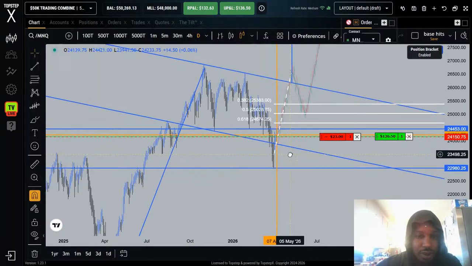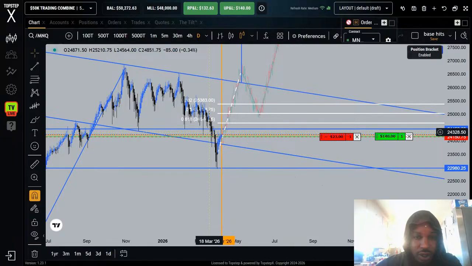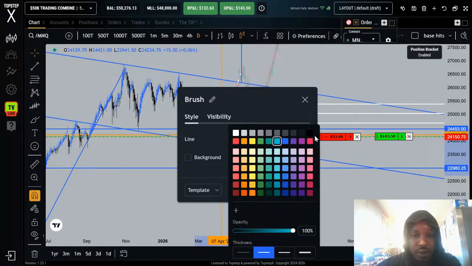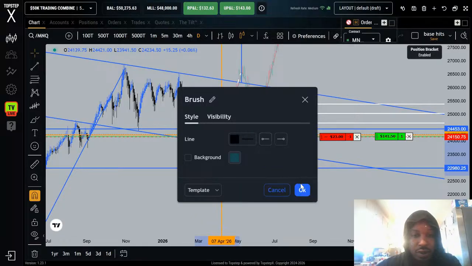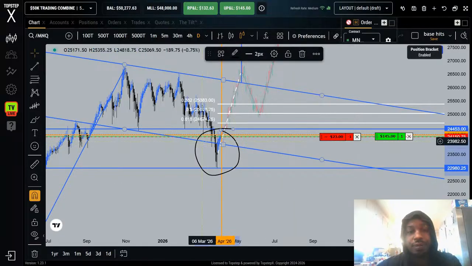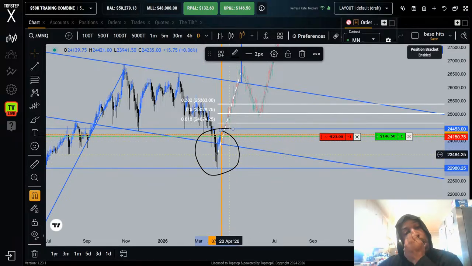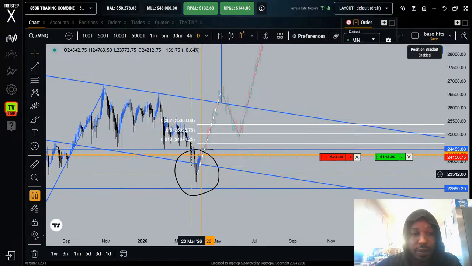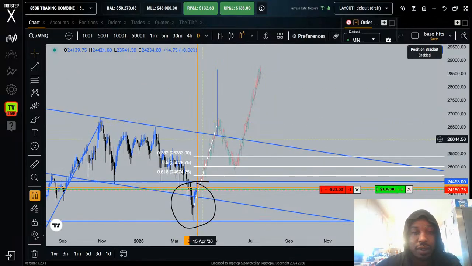So in this area is where we want to be looking to enter long. In this area. And now, if we're anticipating price to break out, what's going to happen is price is going to reverse and it's going to look for liquidity.